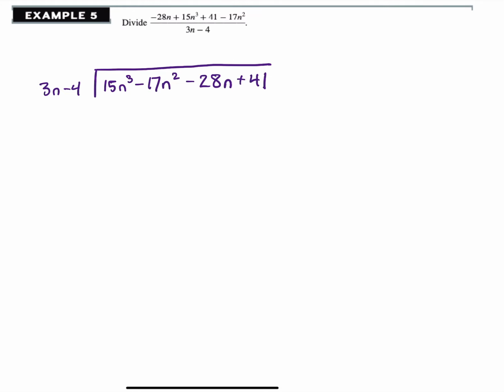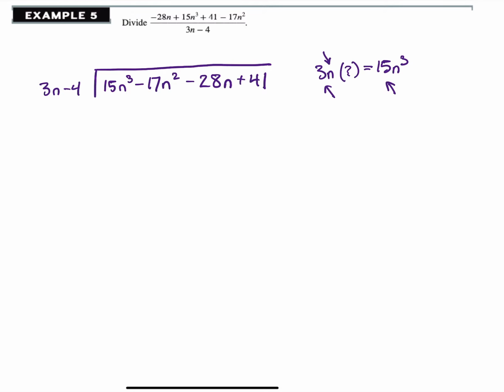I'll look at this first term, 3n, and I'm thinking, what do I need to multiply it by to get 15n cubed? 3n times what gives me 15n cubed? Well, to make the 3 a 15, I should multiply by 5.